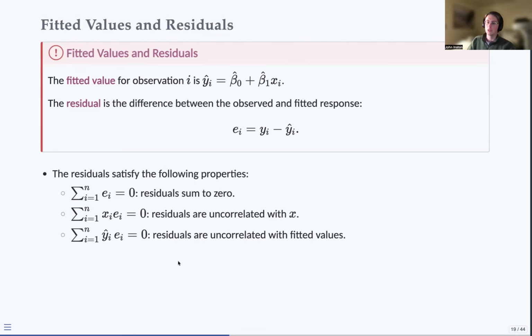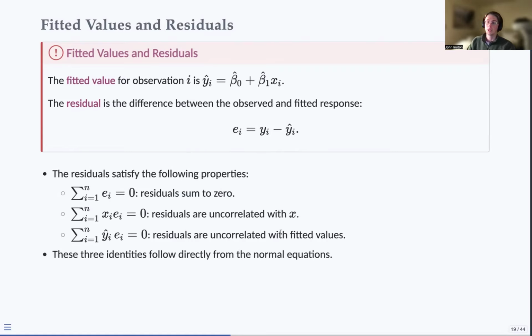The reason why all of these go to 0 is we're by design assuming that the noise, which is essentially what this ei is a generated process of under our model, this is what we predict the noise values to take. And by assumption of our mathematical structure, when we fit this model, these properties hold.